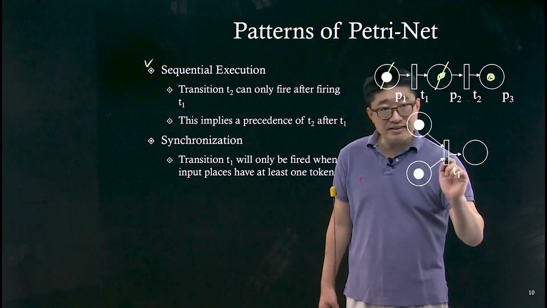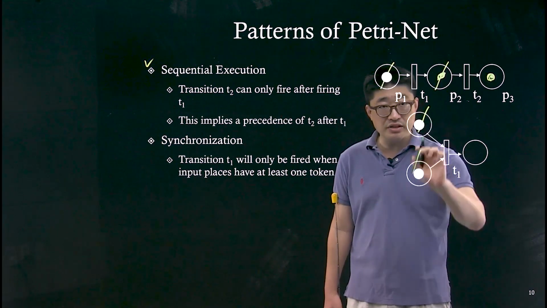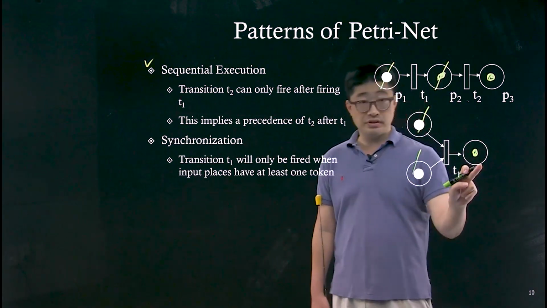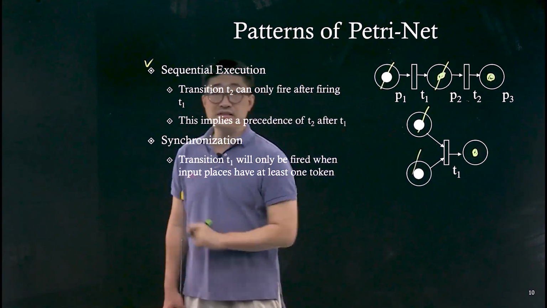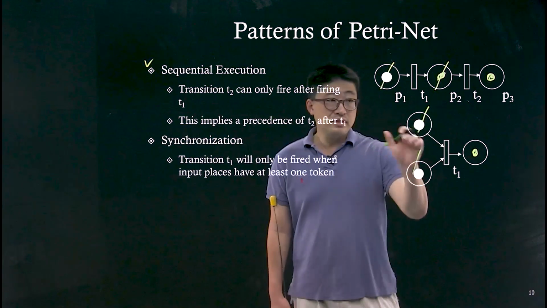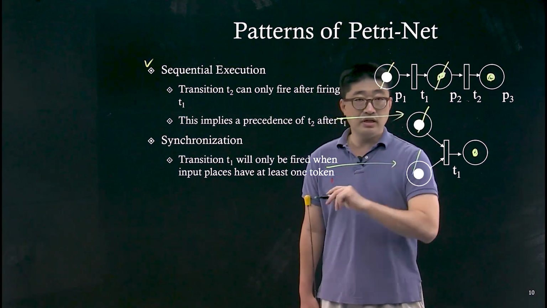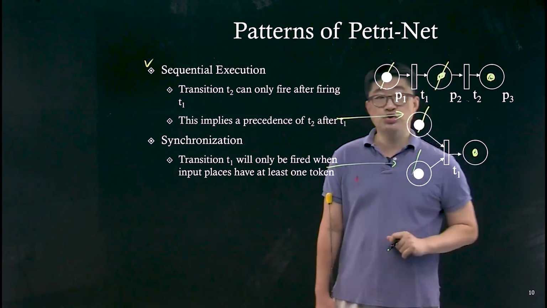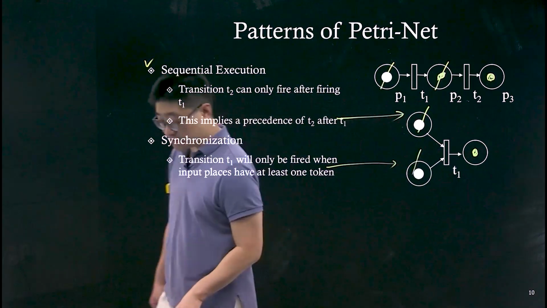The assembly at T1 will remove each of these tokens and place 1 assembled output here. That is synchronization: the above and the below are synchronized to execute this transition. That is the synchronization design pattern.